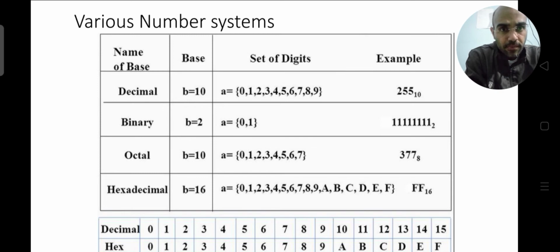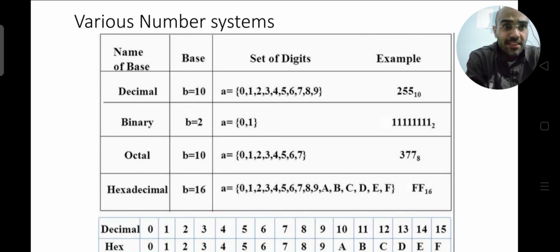The octal number system has a base of 10. In the slide you may see it written as 10, but that is just a mistake, so you have to correct it. The radix of the octal number system is 8. The symbols used to represent any octal number are 0, 1, 2, 3, 4, 5, 6 and 7.